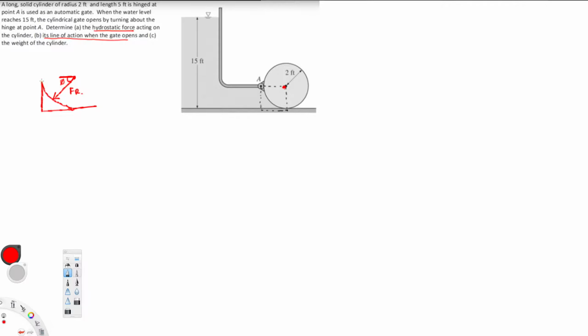First of all, we know that in the cylinder we are going to have force exerted by water, like this distributed force. It's all going to be parallel to this cylinder. So that's going to be the same right here, on the outside of this one, a distributed force exerting like this.